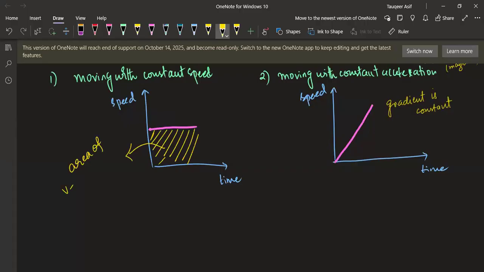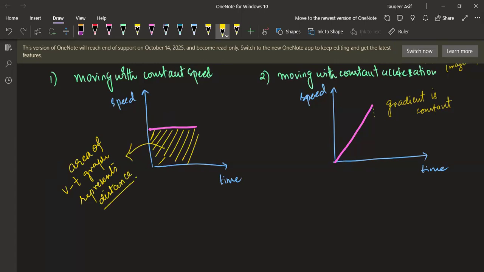Area of speed time graph. What does it represent? Area of speed time graph represents distance, right?